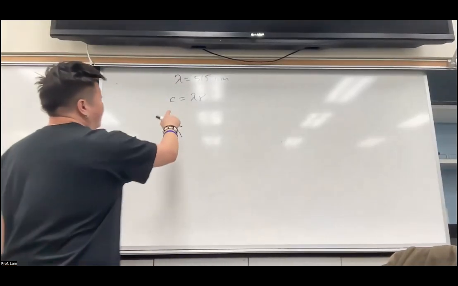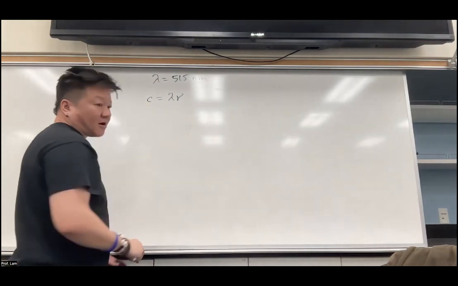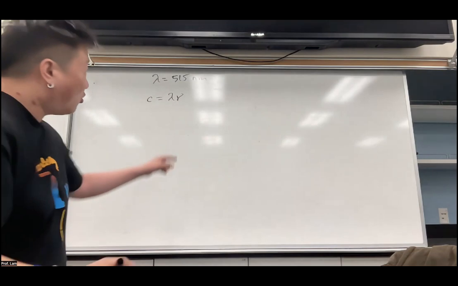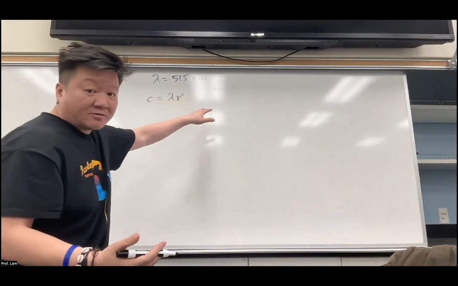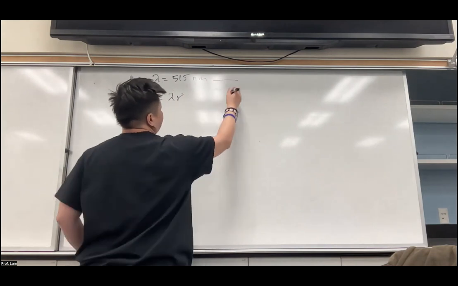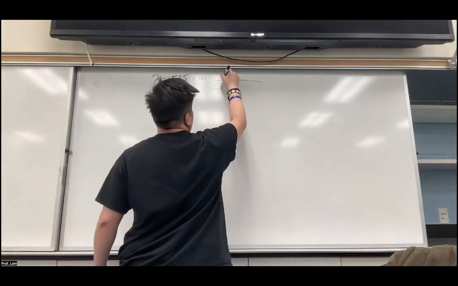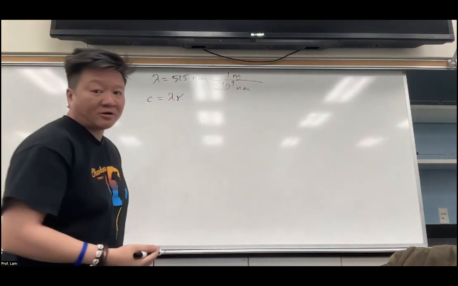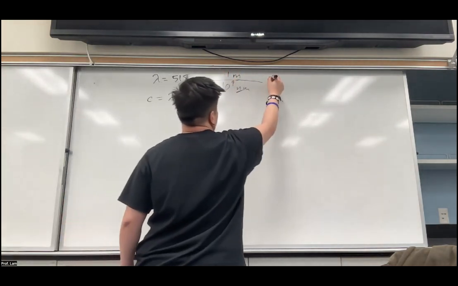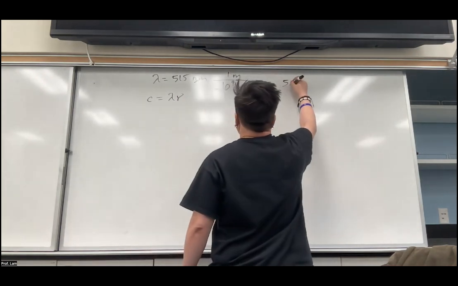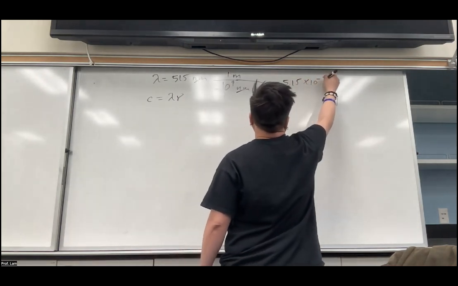Since c, the speed of light, is in meters, we need to change nanometers to meters to make that unit match. Again, remember 10 to the 9 nanometers in 1 meter. So 1 meter on top, 10 to the 9 nanometers on bottom, and that's going to give us 5.15 times 10 to the minus 7 meters.